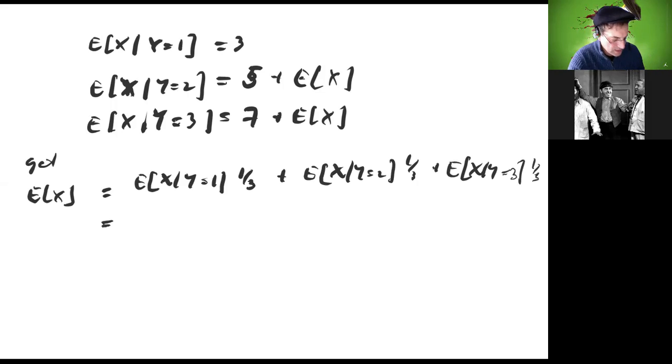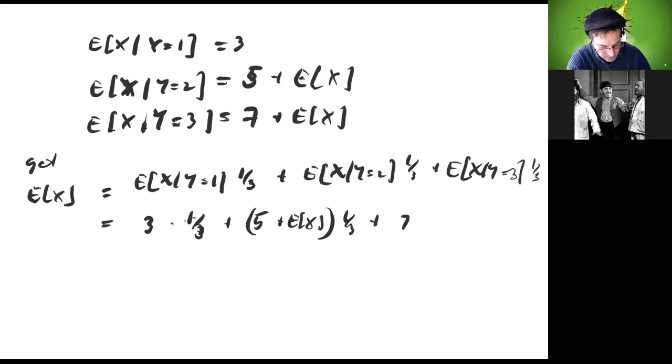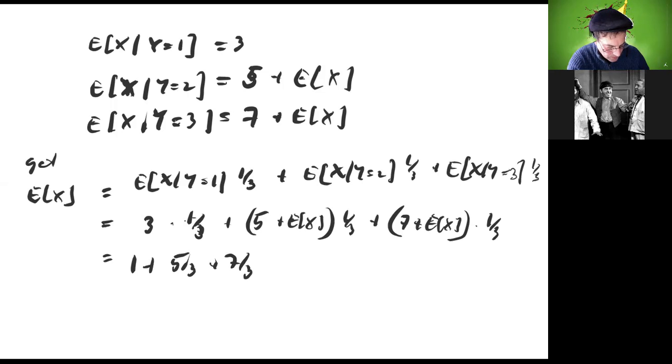Now we know what these are: 3 times 1/3, plus (5 plus E of x) times 1/3, plus (7 plus E of x) times 1/3. Expanding this out, we get 1 plus 5/3 plus 7/3 plus 2/3 E of x on the right side.